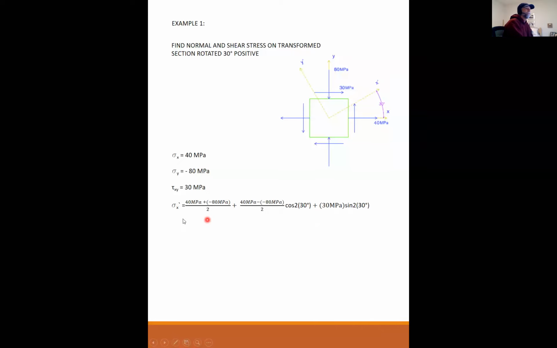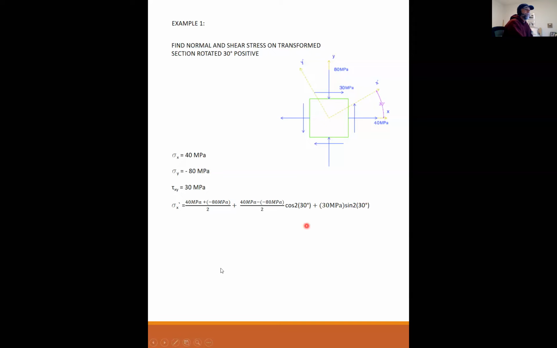So then to find the transformed stress on the x prime axis, at this point it's basically, I hate to use this term, but plug and chug. You use the equation that we just gave you and you put in each component. Notice that the cosine and the sine were 2 theta. Theta is 30, so you're going to be taking the cosine of 2 times 30, or cosine 60.